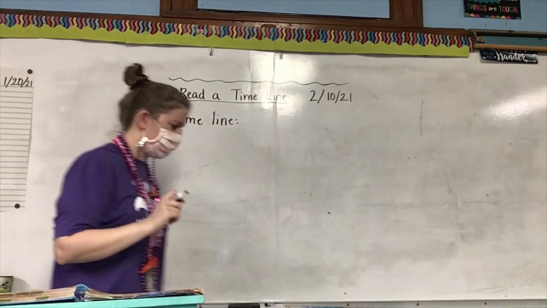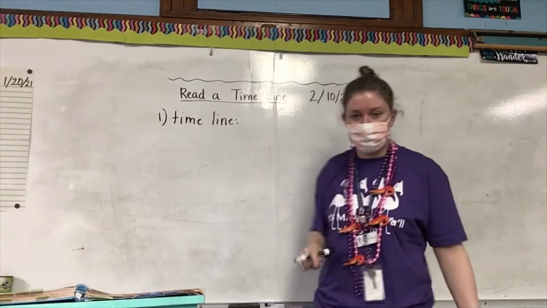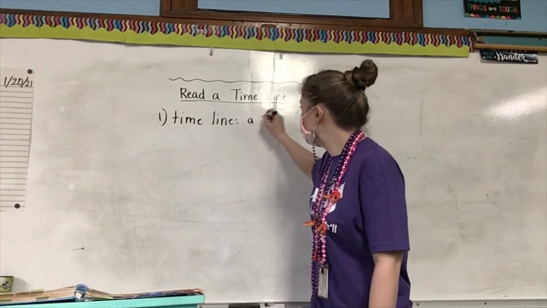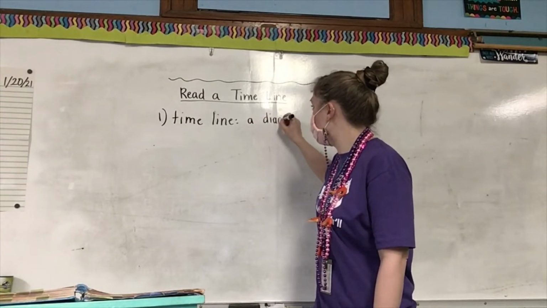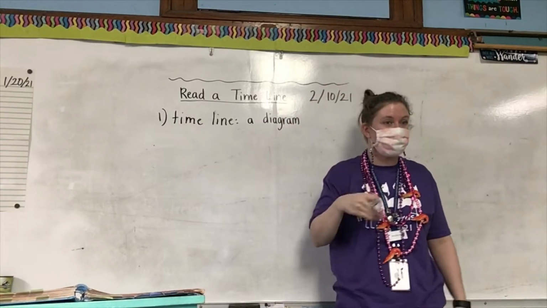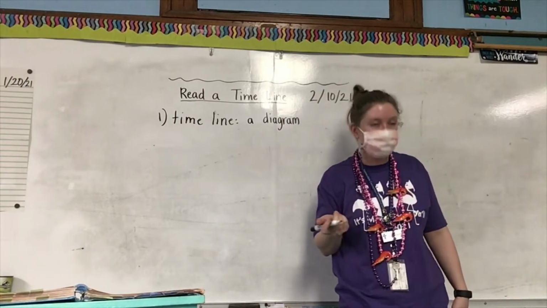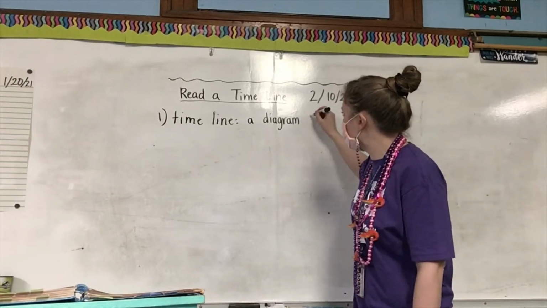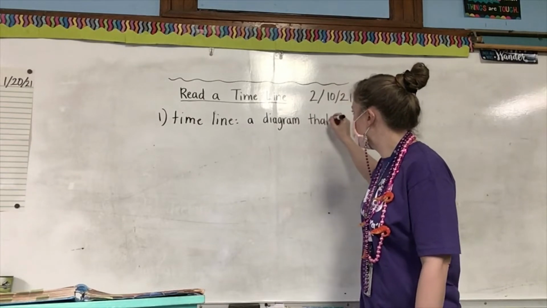And what is a timeline? Well, I will start the definition for you, Michaela. A timeline is a diagram. Remember, diagrams are just pictures that give us information, and there are different types of diagrams. This is one type of diagram. So, Michaela, it's a diagram that does what?